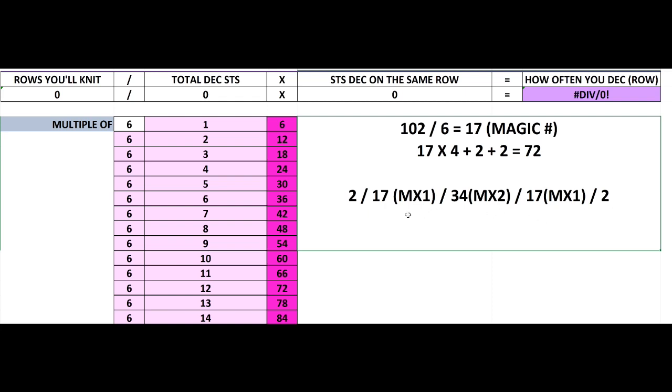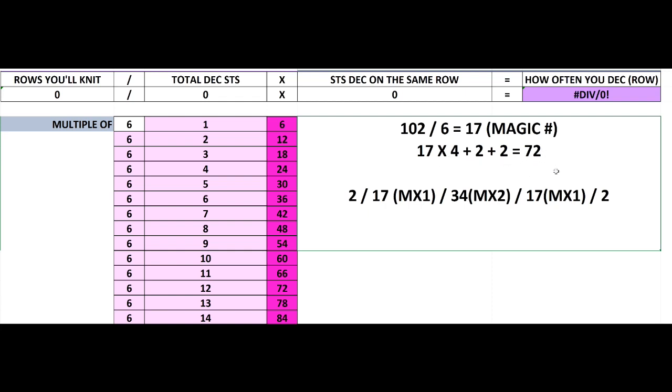And if your number is different, you have to do magic number times 1, magic number times 2, and magic number times 1, and you have to add it up. So 17 times 4, in other words, magic number times 4 plus 2 plus 2.